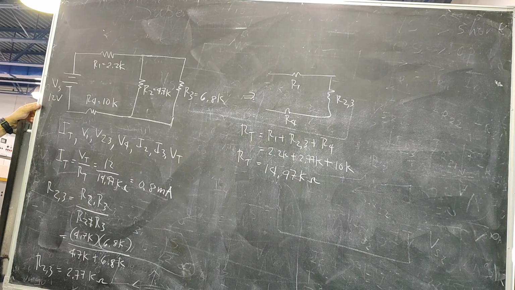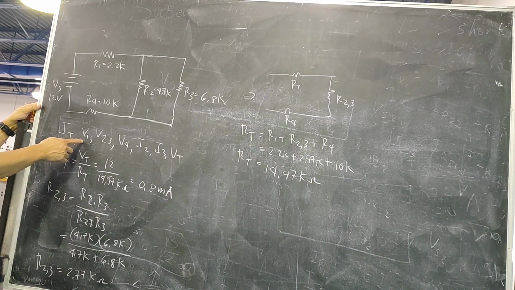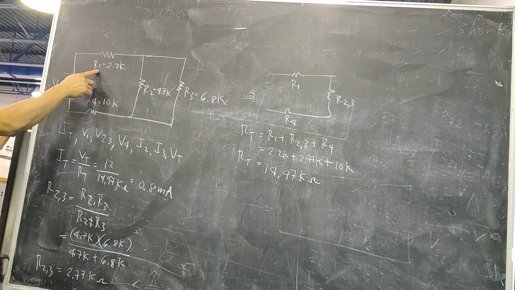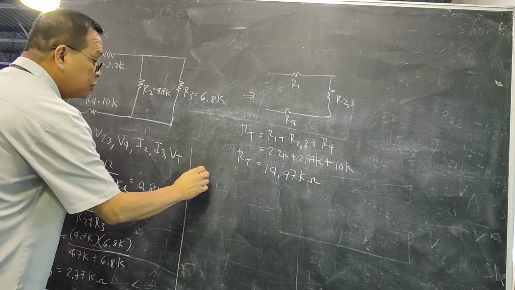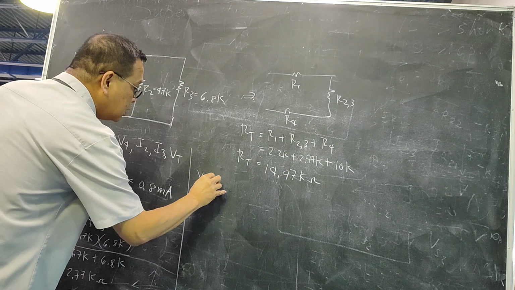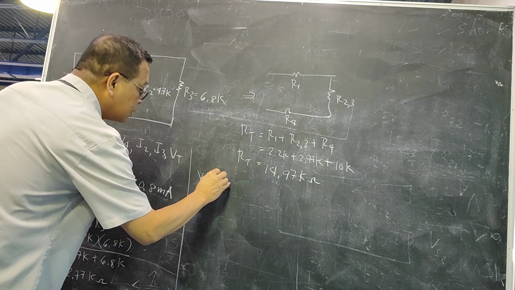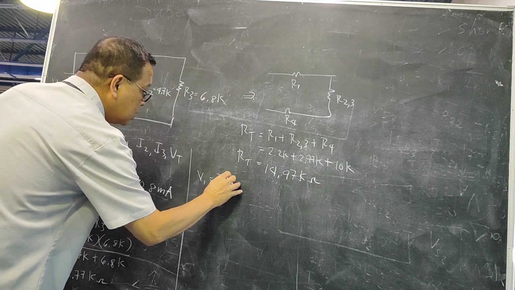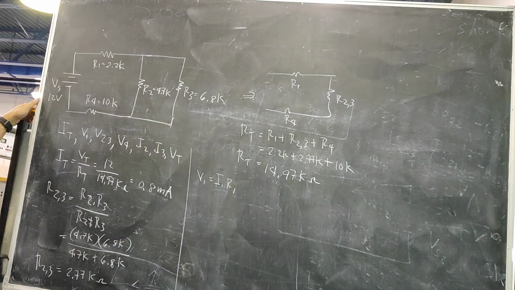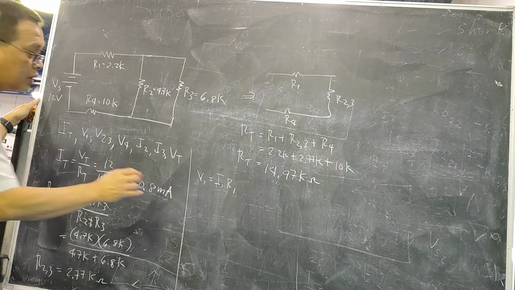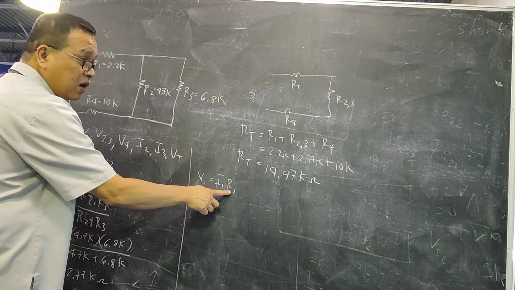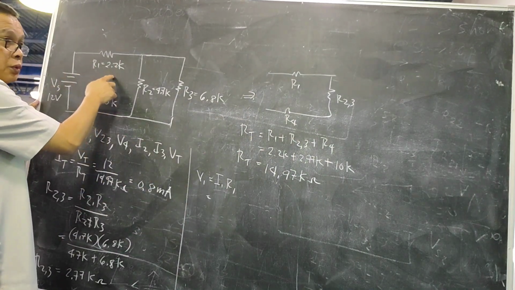So next, V1. V1 is the voltage across R1. Let's have the formula for it. V1 is just equal to I1 R1. The question is, do we have R1? Yes, we have 2.2.